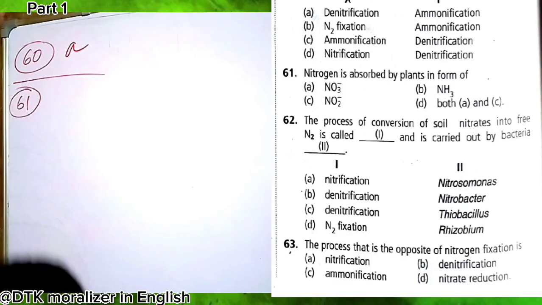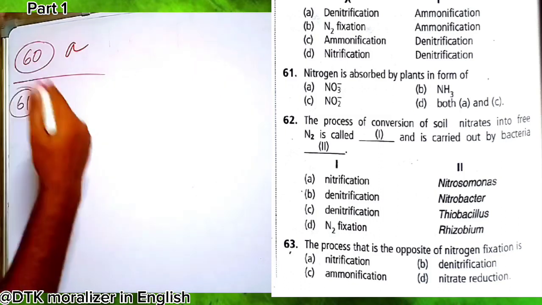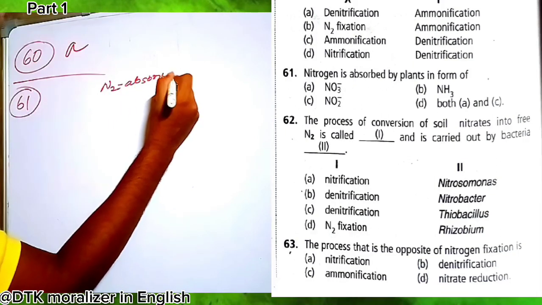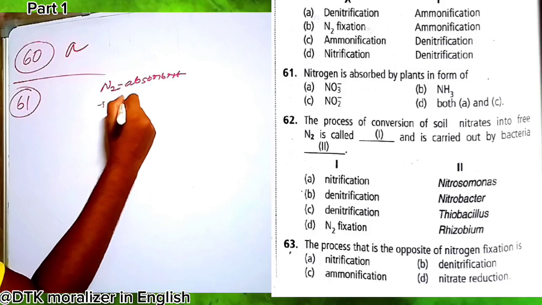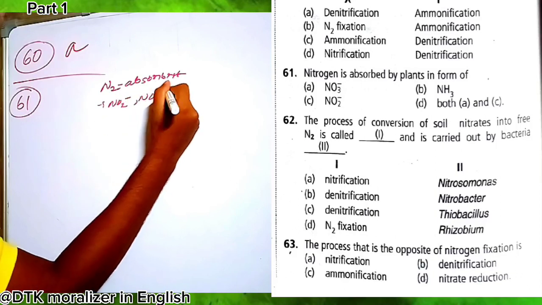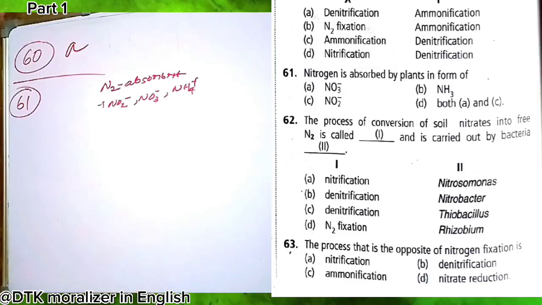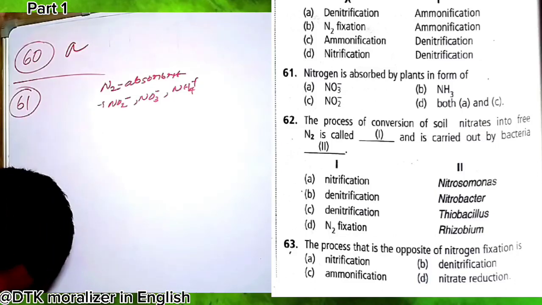Now question number 61. Nitrogen is absorbed by plants in form of NO3 minus, NO2 minus, ammonia. As you know, N2 absorbed as NO2 minus, NO3 minus and NH4 plus, not ammonia, not NH3.